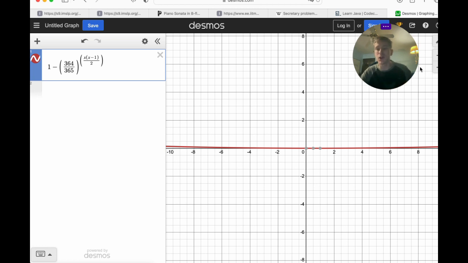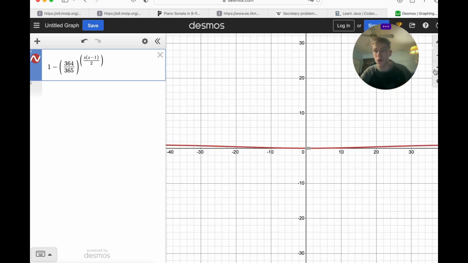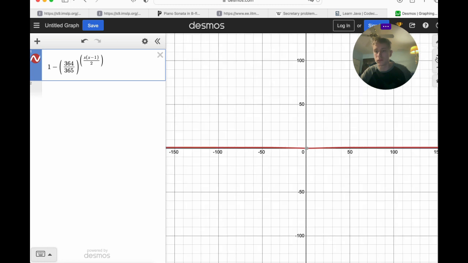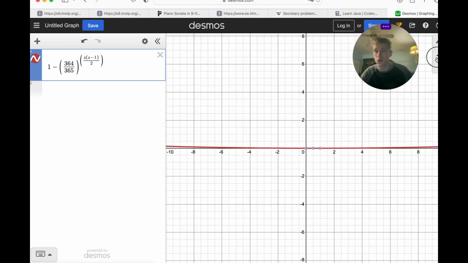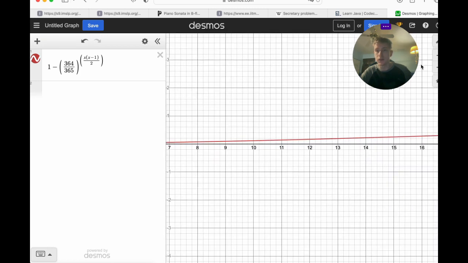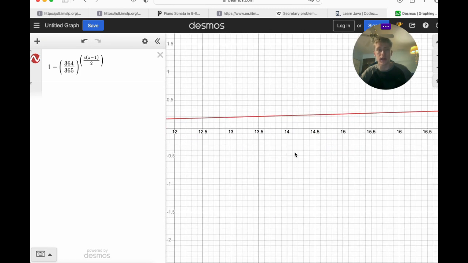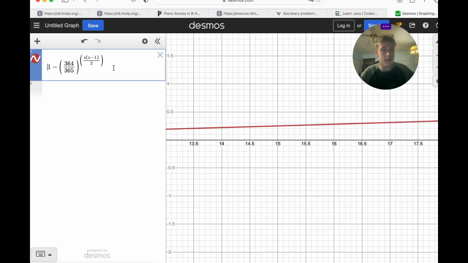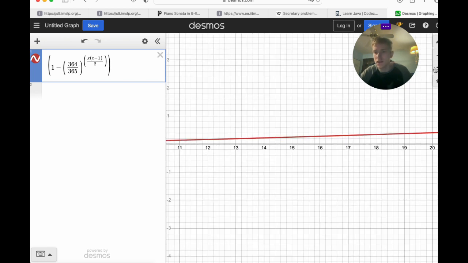Okay, so that doesn't look very revealing, so I'm going to have to zoom out. Maybe I should zoom in a little bit. Okay, so it looks like it's increasing a little bit. And the reason is, I forgot to put parentheses around this.